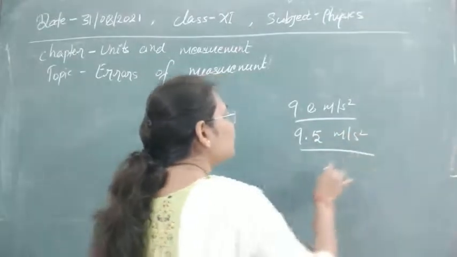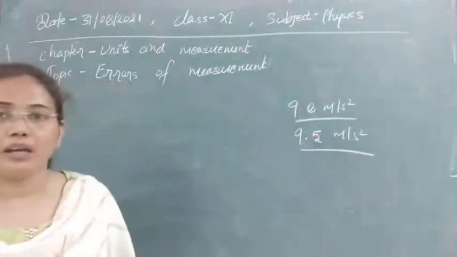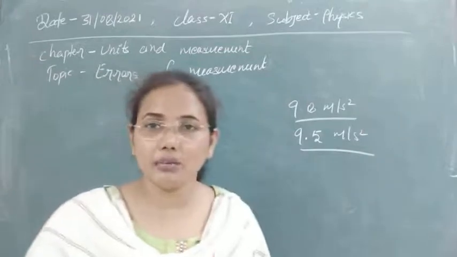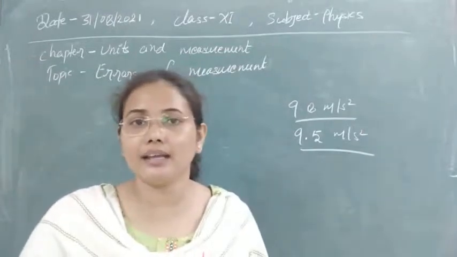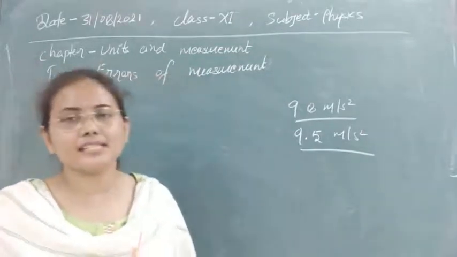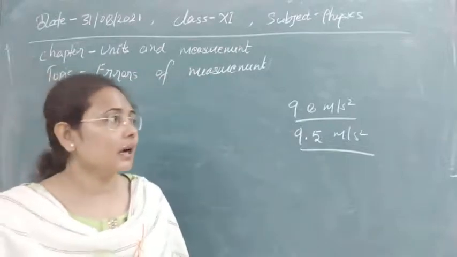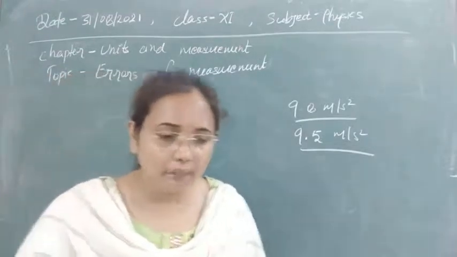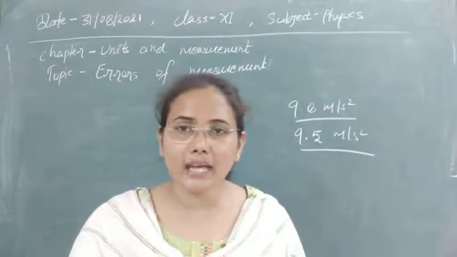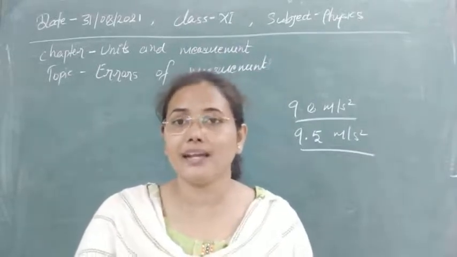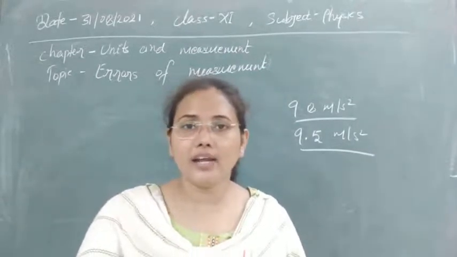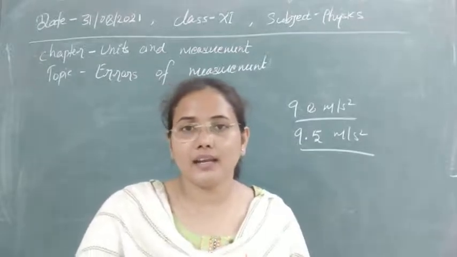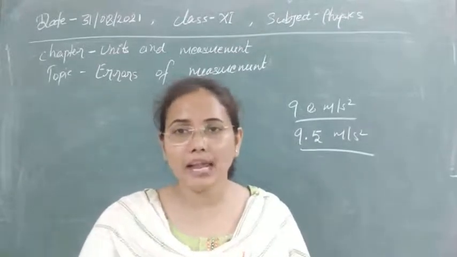You are seeing your value is less than the standard value, meaning some errors have occurred here. So the error concept in measurement arises whenever we measure something and its value is not exactly equal to the standard value. At that time we can say there are some errors in our measurement.